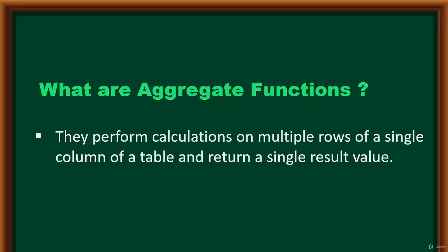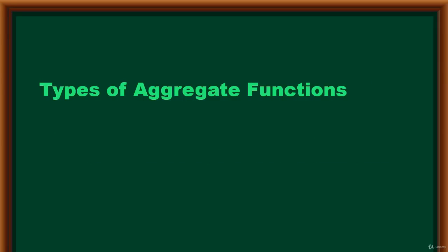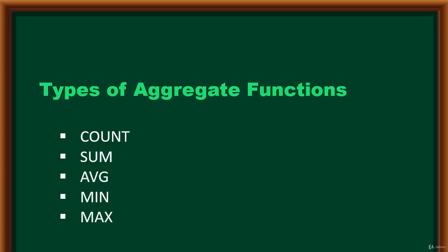So depending on your type of business or the type of business requirements, you can use different types of aggregate functions to achieve the result you are trying to obtain. MySQL supports the following types of aggregate functions. We have the count, the sum, the AVG, which stands for average, and then we've got the min and the max.